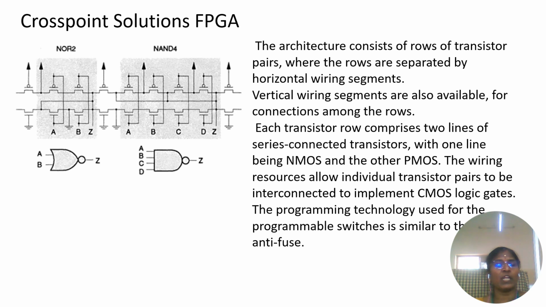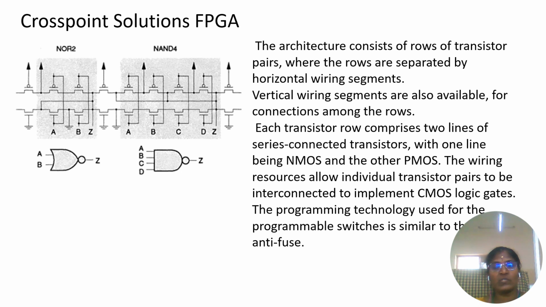The next one, the Crosspoint Solutions FPGA. The architecture consists of rows of transistor pairs where the rows are separated by horizontal wiring segments. Vertical wiring segments are also available for connections among the rows. Each transistor row comprises 2 lines of series connected transistors, with one line being NMOS and the other PMOS.